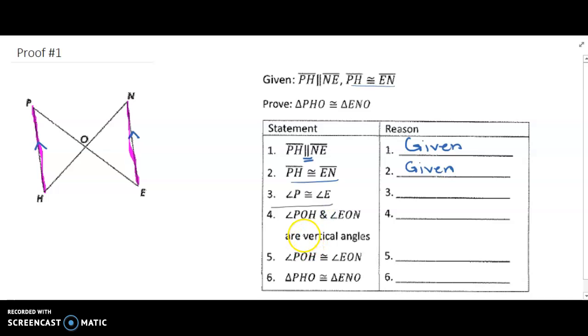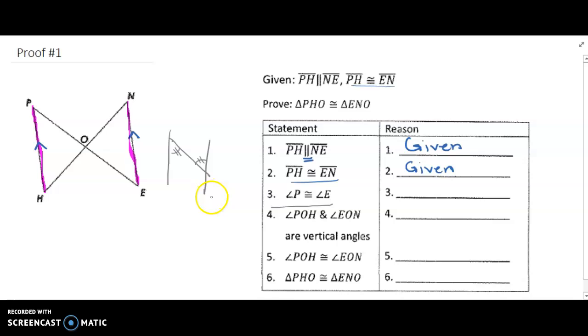Now, how do I know that angle P is congruent to angle E? Okay, well, I know these two in purple are parallel, and then I know PO is this transversal that goes like this. Isn't this angle and this angle alternate interior angles?